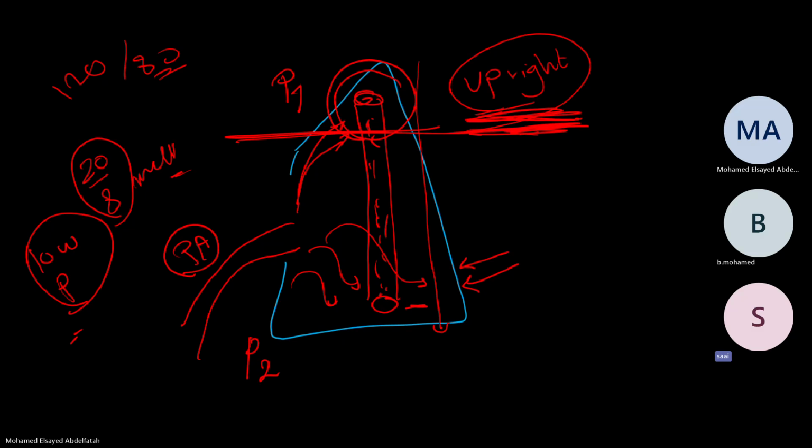There's two mediums involved. So what do you think is the difference between the pulmonary circulation and the systemic circulation? Is there a difference? The pressure difference in the pulmonary circulation is very large.